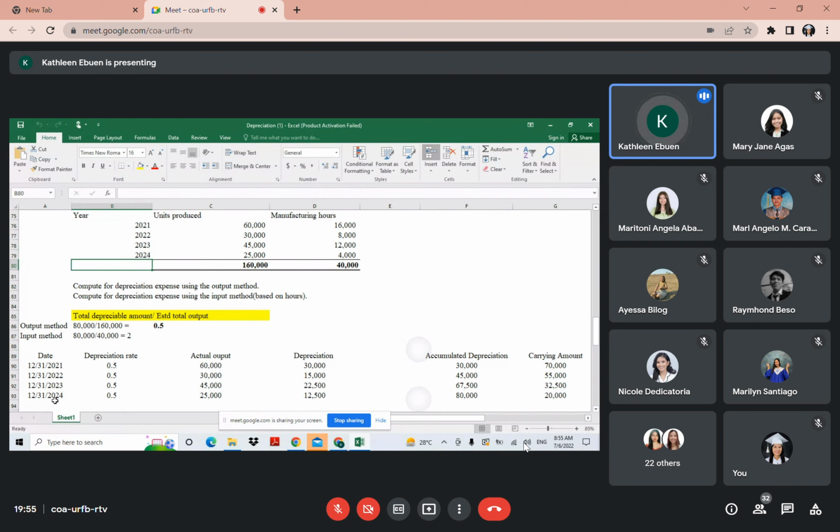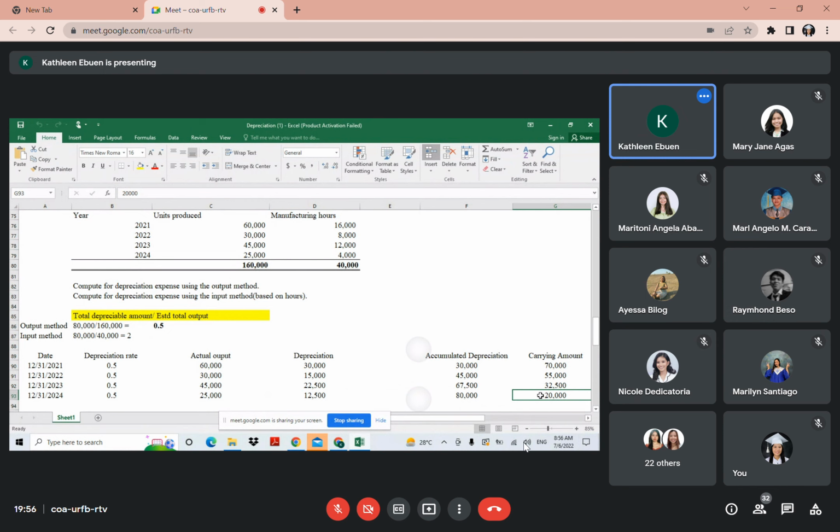Okay, so sa last year, 2024, so ito yung rate natin, multiply by the actual output na 25,000, we'll get the depreciation expense na 12,500. Accumulated depreciation is 80,000, which is equal to the depreciable amount. And then carrying amount na lang po at the end is yung salvage value na 20,000.